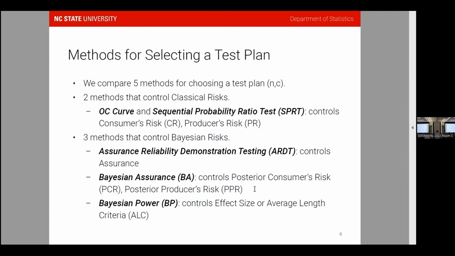So we have the ARDT here, which is relatively new. It came out last year, actually. It controls the assurance metric. And we have the Bayesian assurance method, which controls the PCR and the PPR simultaneously. And we have the Bayesian power method, which controls either the effect size or the ALC criteria.